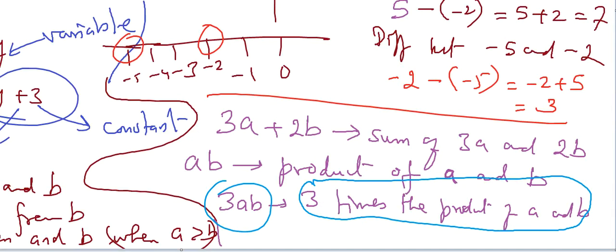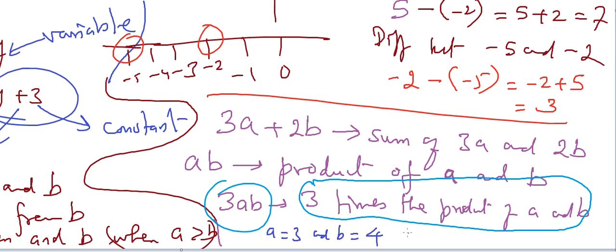As I said, any expression can be evaluated if values are given for the letters used in the expression. For example, 3ab. Suppose a is 3 and b is 4.